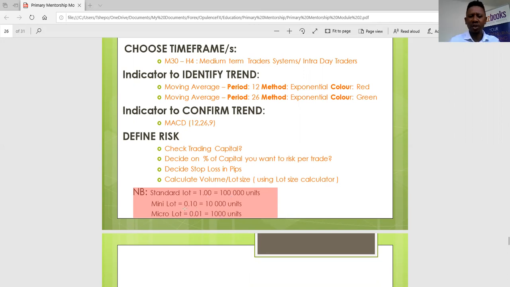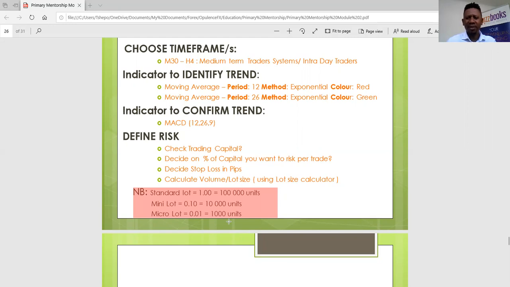If you are using 0.10, that's 10,000 units of that currency, and 0.01 is 1,000 units. So 0.02 is 2,000, 0.03 is 3,000, 0.04 is 4,000, and 0.15 is 15,000, just like that.